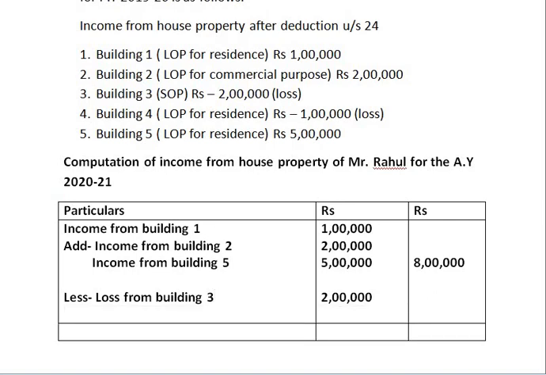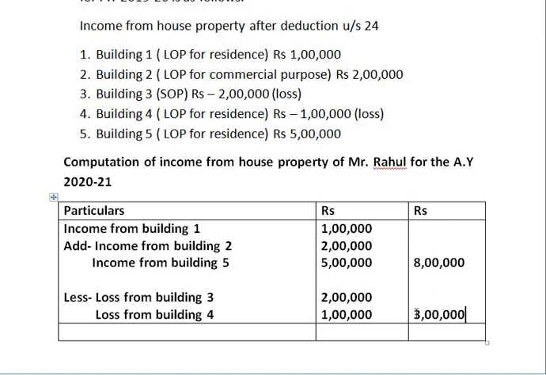And then loss from building 4. Loss from building 4 amounts to rupees 1 lakh. Thus we get total here 3 lakh rupees.